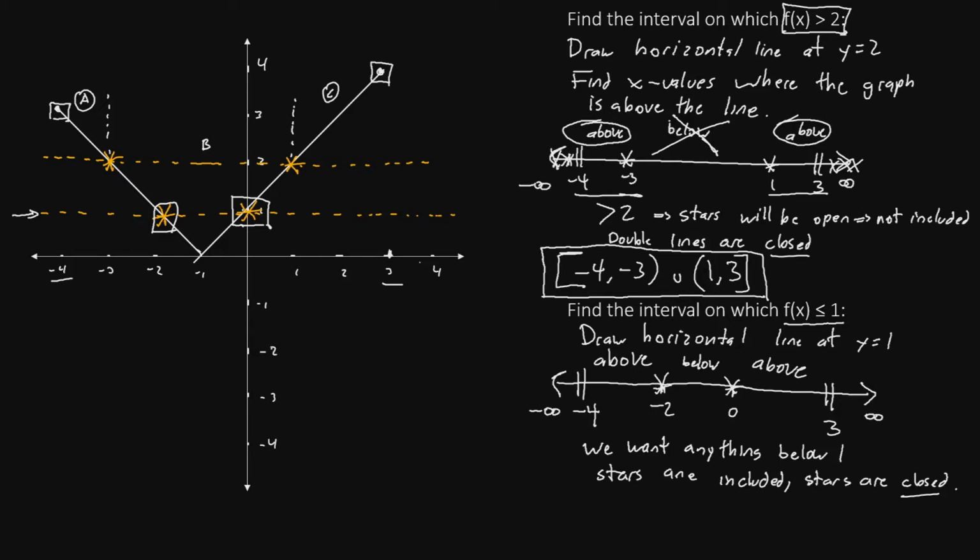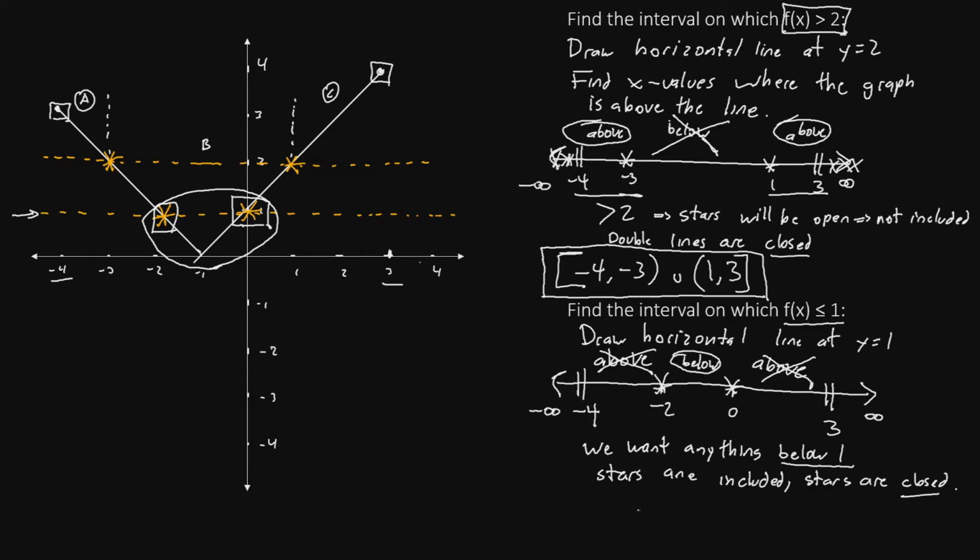Now we were looking for the parts that were below 1. Therefore, the intervals that are above are not part of the answer. Only the interval that's below is part of the answer. So we're just looking between the two stars. That's the only piece of the function that is below this orange dotted line, the piece that I've circled.